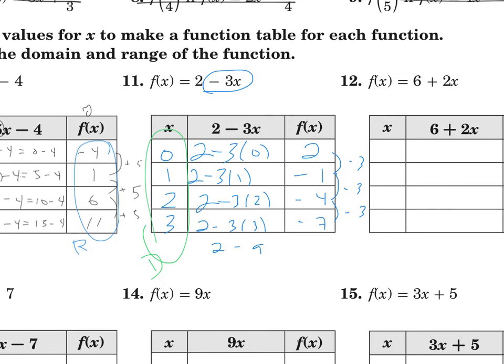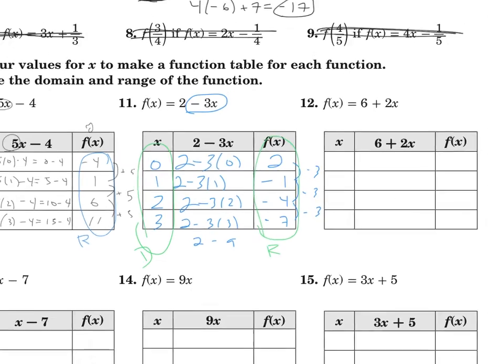It's the 0, 1, 2, and 3. And the range is the set of y values, or in this case, the function output, or the f of x. So our range would be the negative 7, negative 4, negative 1, and positive 2. Notice how I'm doing them in numeric order.